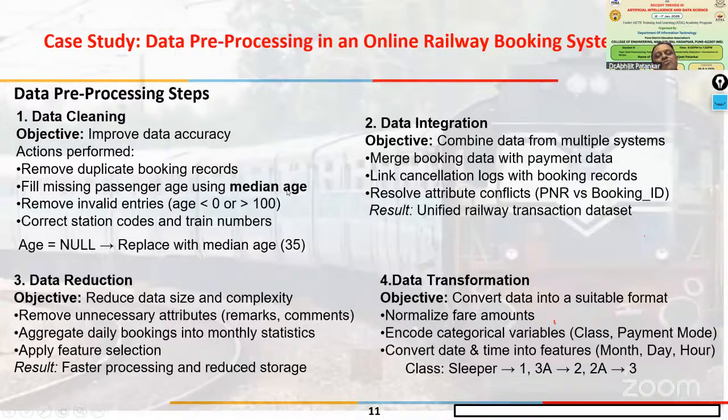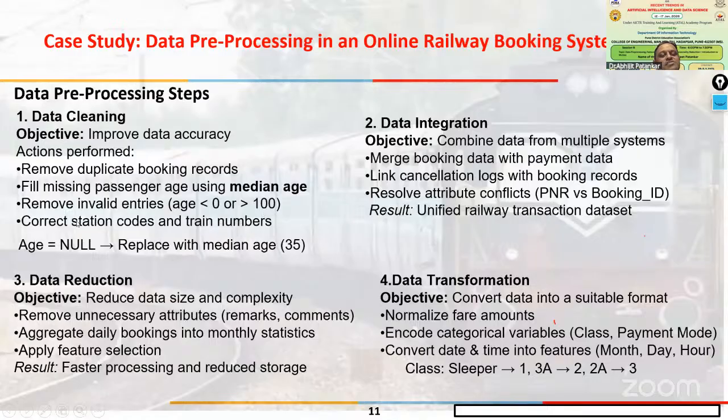Suppose one passenger age is missing, we calculate the median of all ages and insert that value. Then remove invalid entries. We should check at the time of entry that age should not be 0 and should not be greater than 100. So all these filters we have to apply while entering the data.